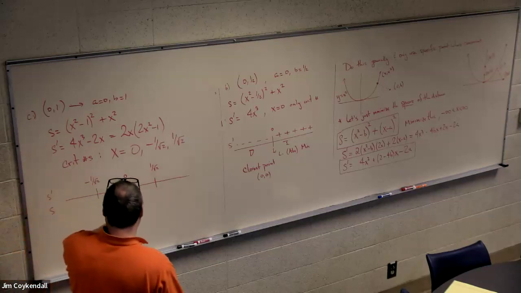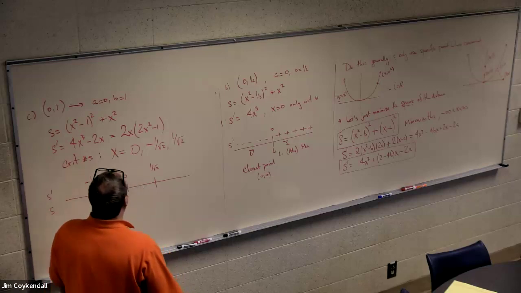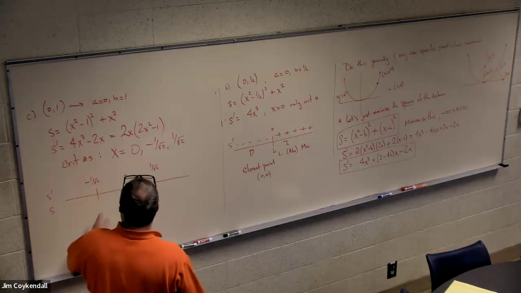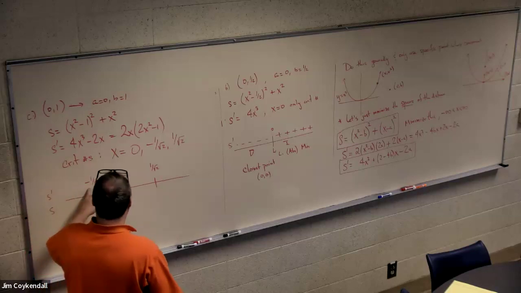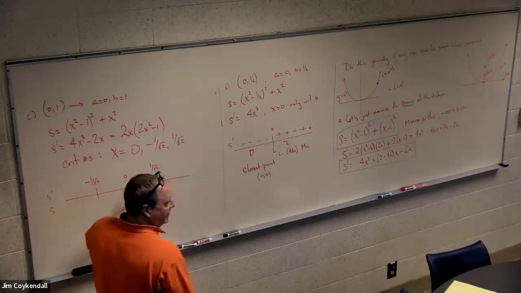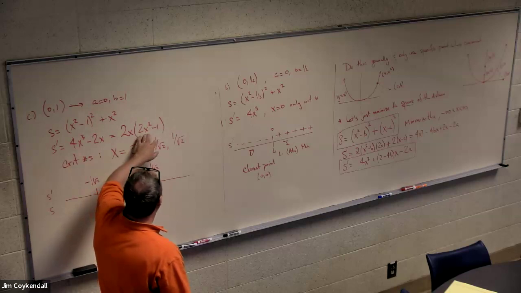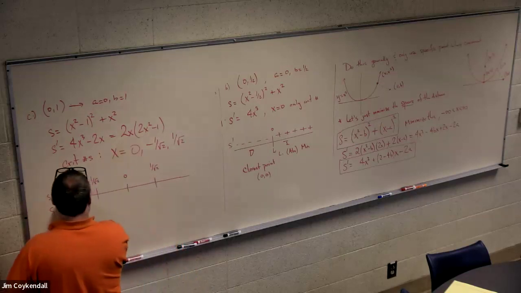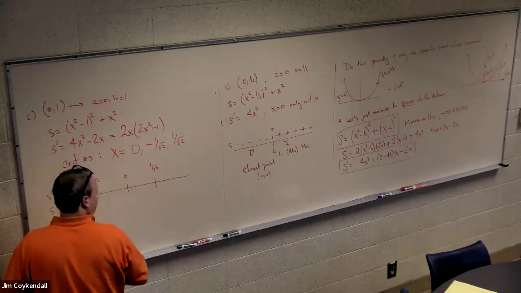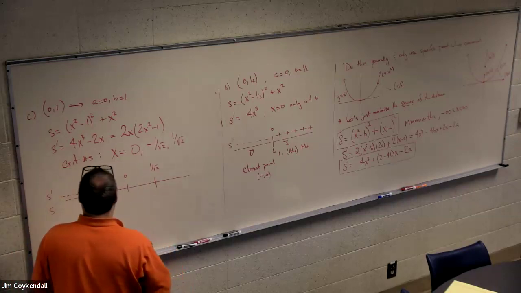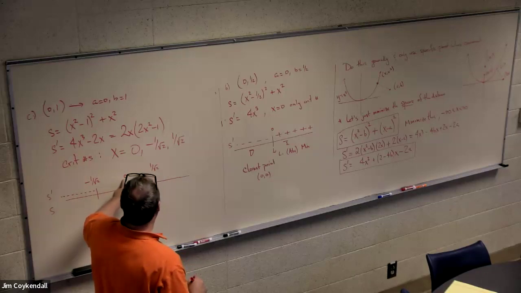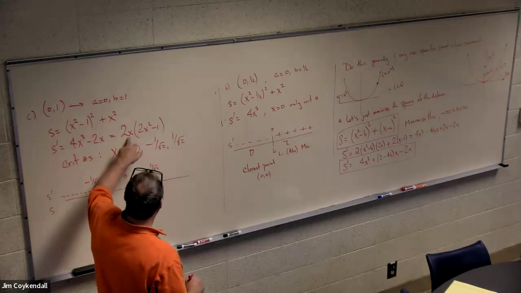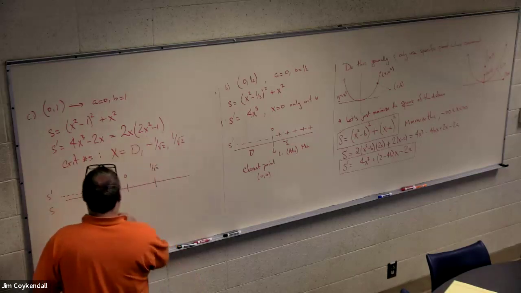Let's see if we can figure out the sign. What happens if you're way to the left of this, a huge negative number? That's a positive and a negative, so it's negative. What happens if you have an almost zero negative number, very tiny? That's negative, that's negative, so it's positive.